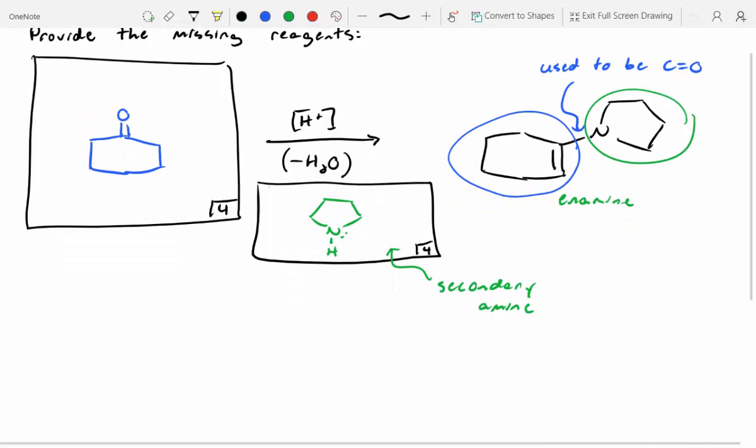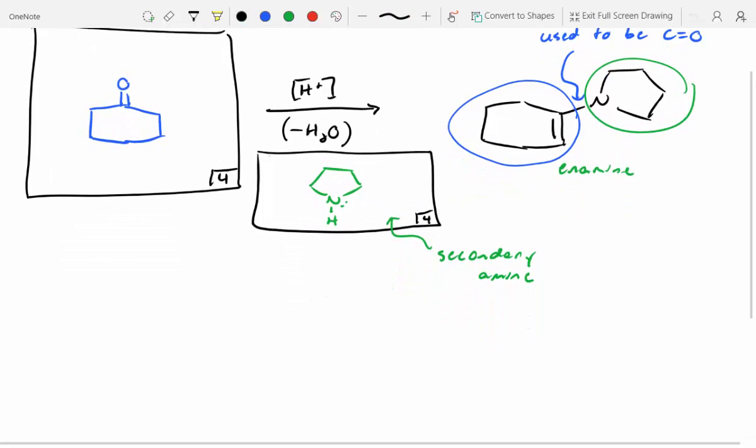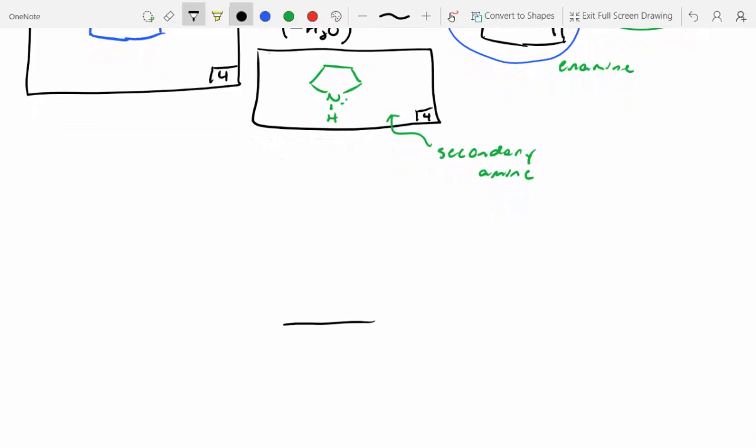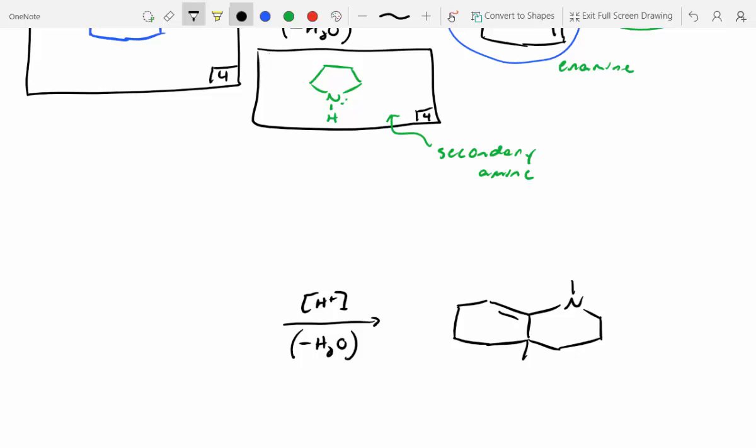And this time I'll try not to mess up the structure. We've got acid. I'm going to drive off water during this reaction to favor formation of our product. And this is going to be our desired product.